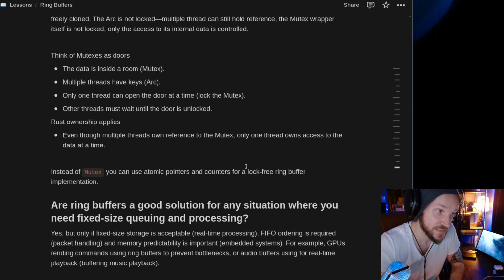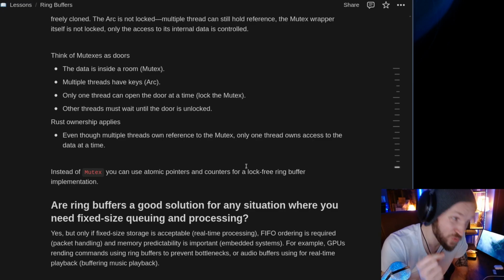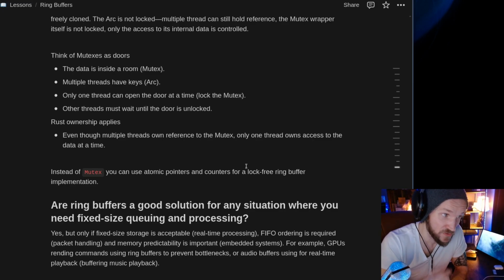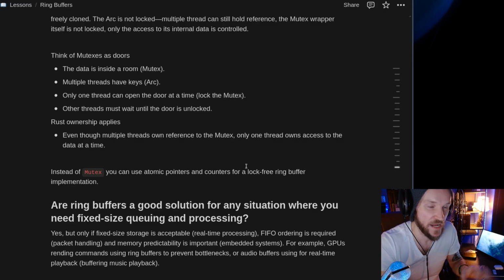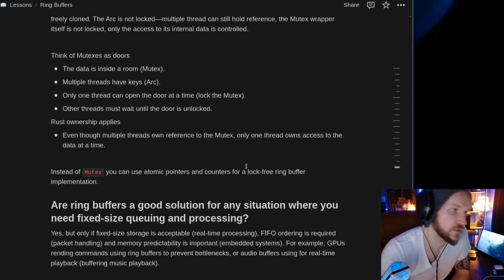And so a lot of times, working with mutexes is a lot simpler, and if you do not need the benefits that come along from implementing a lock-free solution, you should really use a mutex. Unless you really need these lock-free data structures, using a mutex makes things a lot easier to reason about, and it's very easy to keep track of what the threads are doing. So, just wanted to mention that.